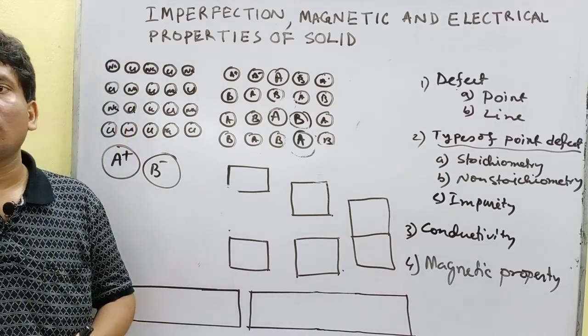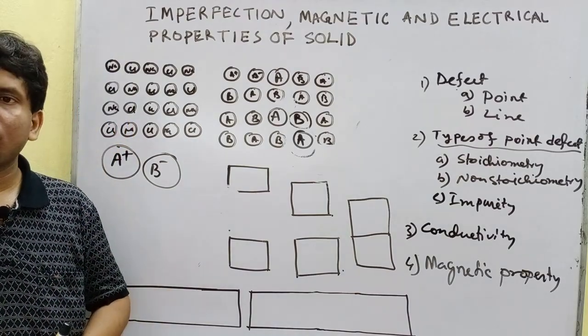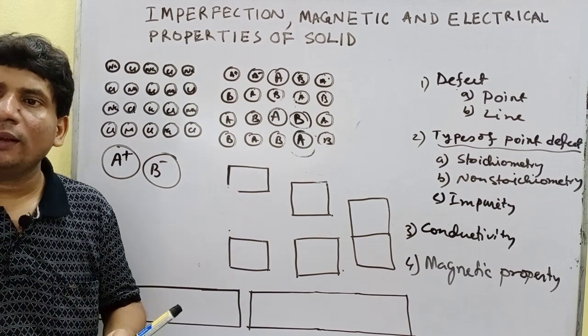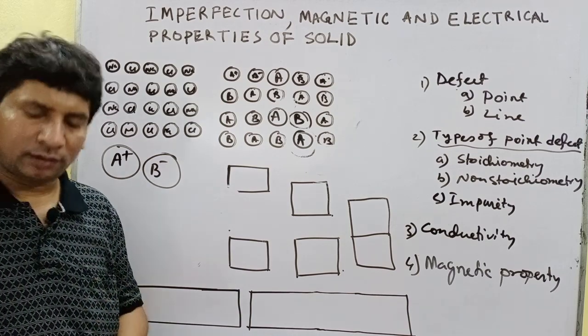Some anions leave lattice sites, which are then occupied by electrons, called an F center.